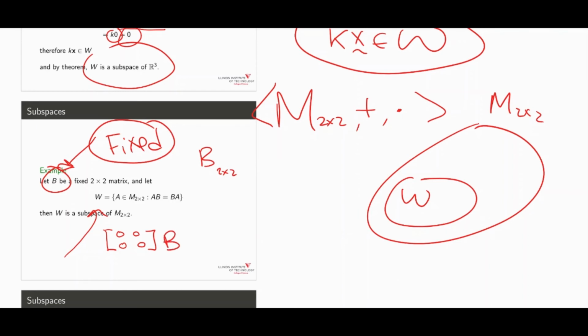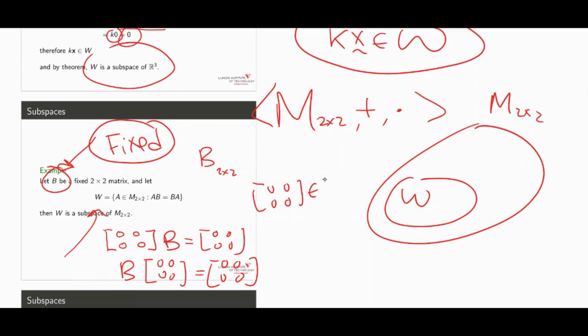So a 0 matrix multiplied by B, you will get a 0 matrix. And if you take B multiplied by a 0 matrix, you will also get a 0 matrix. So 0 matrix times B is equal to B times that 0 matrix. So the 0 matrix is actually an element in W.